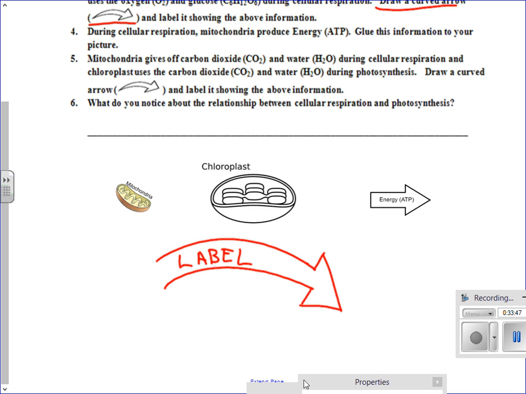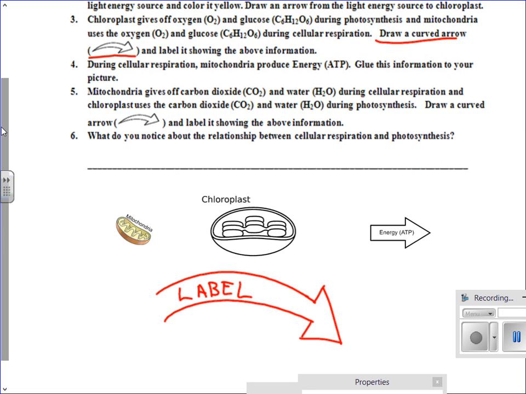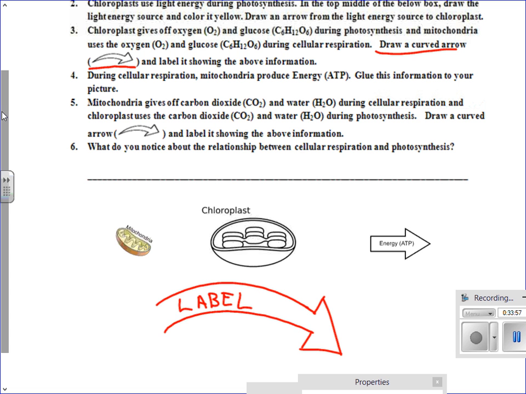So whatever it is, it says you're going to be drawing a curved arrow and labeling it showing the above. So let's say if this is saying that oxygen is coming out from whatever's here and going to whatever's here, then you will label this oxygen plus whatever oxygen. Does that make sense? Yeah. And drawing a curved arrow.